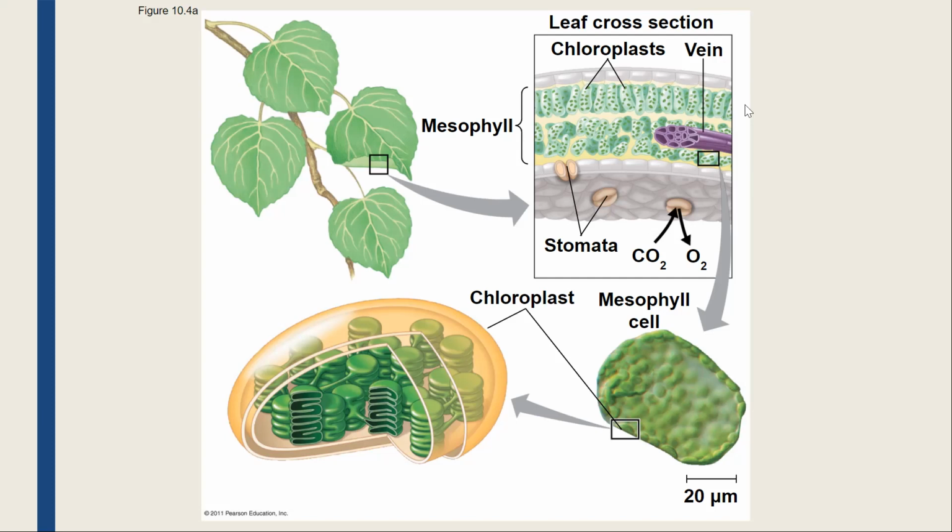In order to do photosynthesis, the plants need carbon dioxide, and they also give off oxygen. That carbon dioxide and oxygen exchange typically takes place through the underside of the leaf through openings called stomata. So carbon dioxide goes in, oxygen comes out.